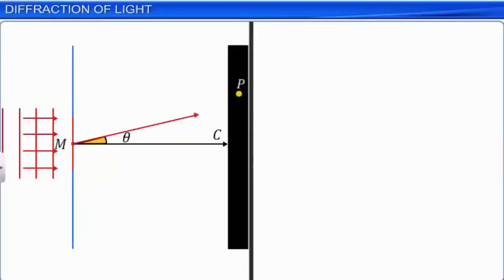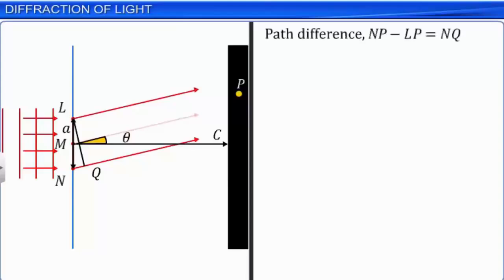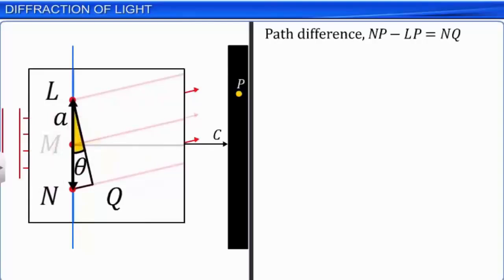Consider light rays from two point sources L and N separated by a distance a reaching the point P. The path difference between these rays, NP minus LP, is equal to NQ. From triangle LNQ, NQ is equal to a sin theta.